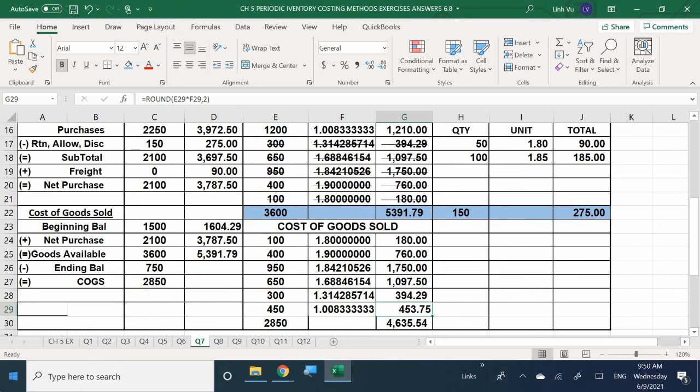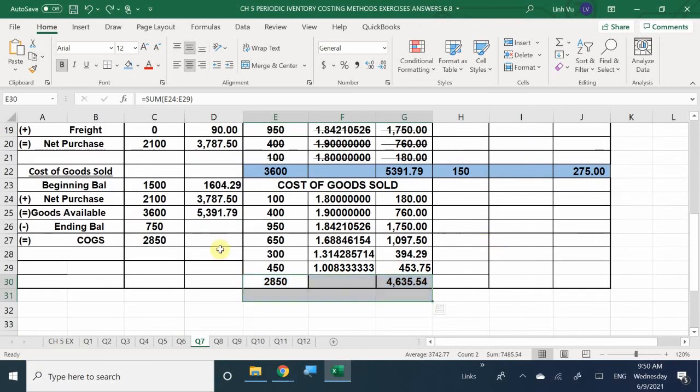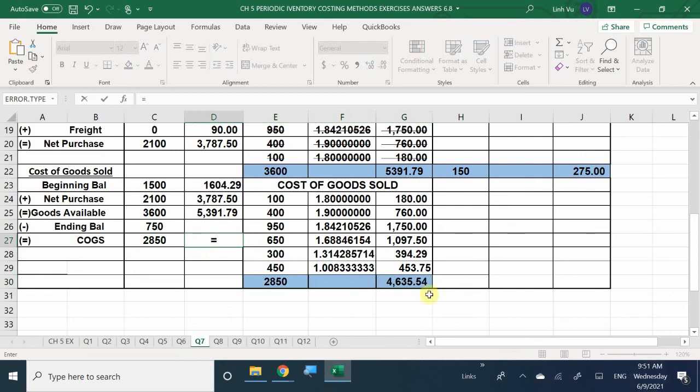So I'm going to highlight this right here so we know that this is a calculated amount. So once again here, we sold a grand total of 2,850 items, which cost me a total of $4,635.54.